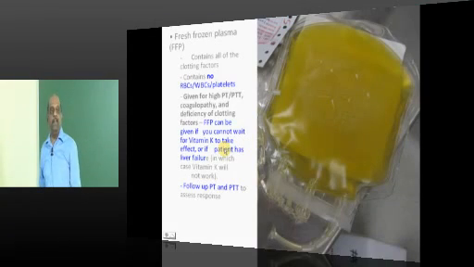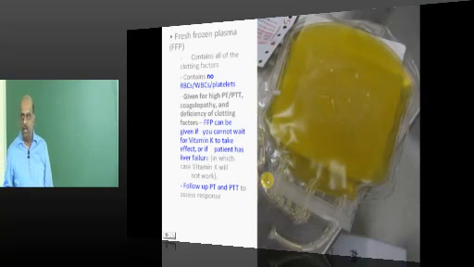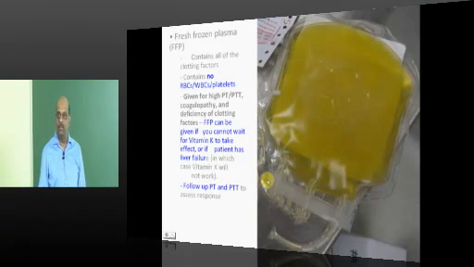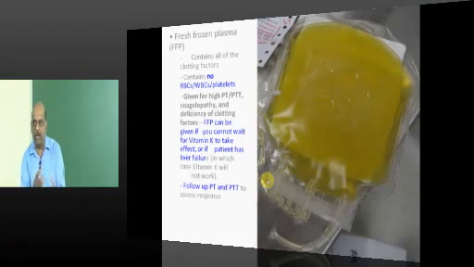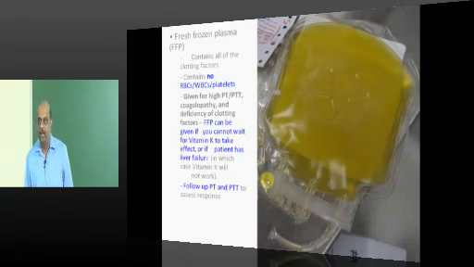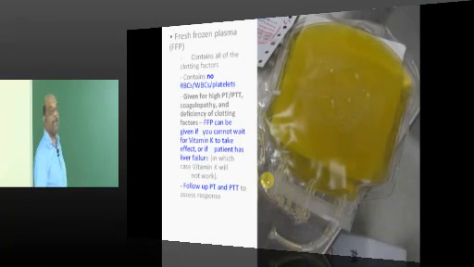Where do you want to give fresh frozen plasma? Suppose somebody is having sepsis, consumptive coagulopathy. Due to the sepsis, he has got disseminated intravascular coagulation, consumptive coagulopathy, all his clotting factors got broken down. And now he is profusely bleeding. For him you want to resuscitate. You want to give all the clotting factors which are consumed in his body. For him you will give fresh frozen plasma.